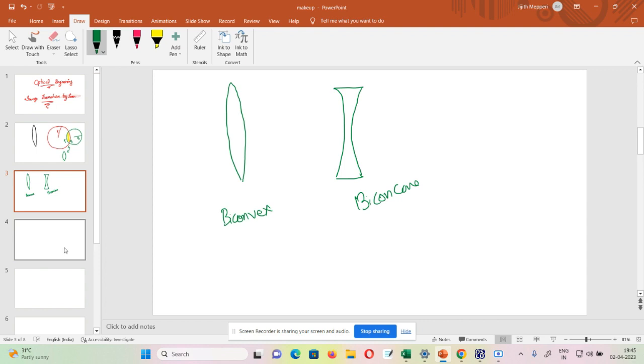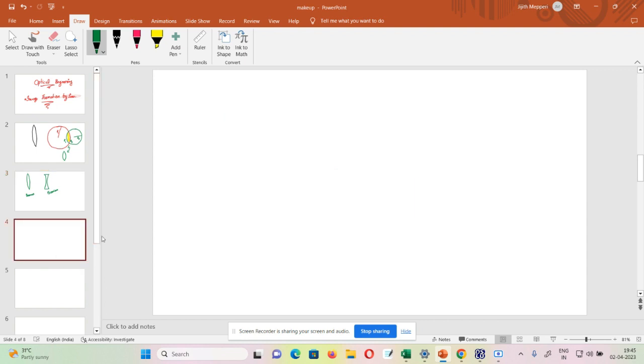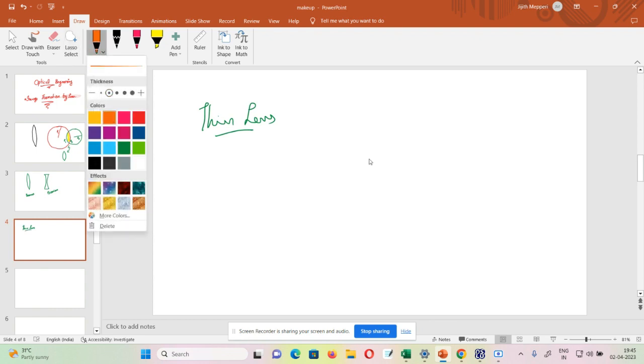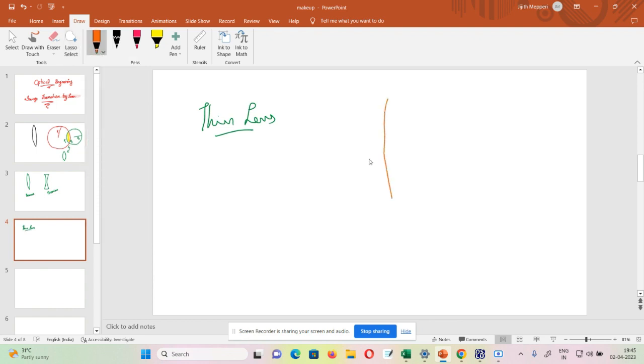In the case of a thin lens, you consider the thickness of the lens to be so small compared with the other dimensions that we consider this thickness as negligible. Now we have the thin lens equation.